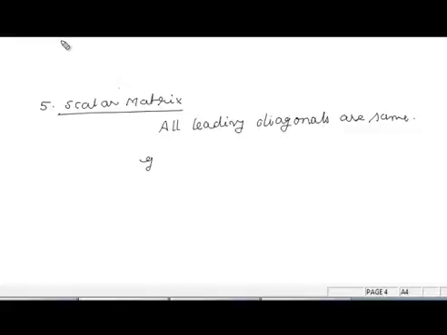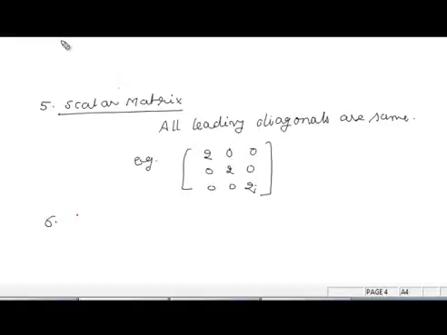And the example is 2 0 0 0 2 0 0 0 2. So here we can see it is a diagonal matrix, but all the diagonal terms are the same. Then it is called the scalar matrix.